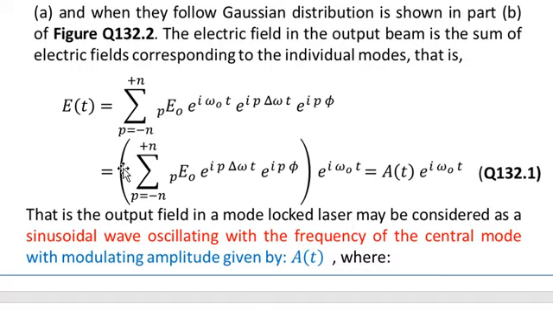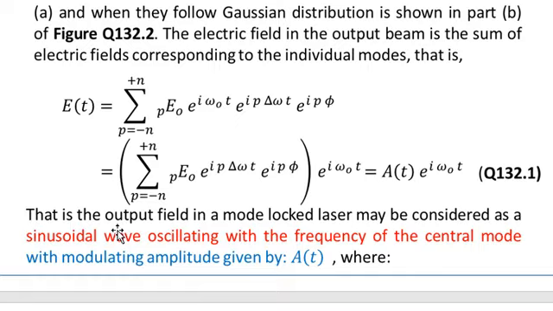Now we can write the parenthesis containing all the complex amplitudes to be equal to A of t. So A of t is the resultant amplitude, and multiplied by e to the power iota omega naught t it gives you the resultant complex amplitude of all the longitudinal modes added together.